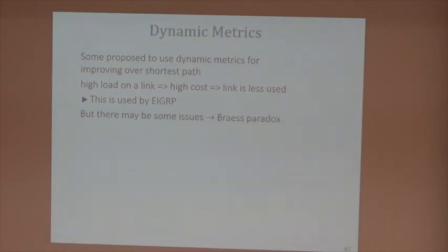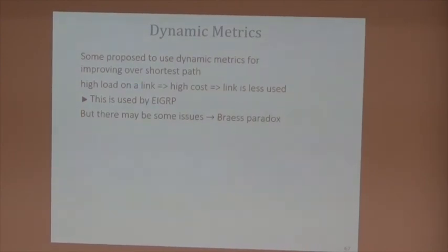But we can imagine, for example, in OSPF that we monitor the traffic utilization on every link. Assume, to simplify, all links are the same capacity, 1 gigabit per second. You can monitor how many packets per second are flowing on every link. And then you take some function of the utilization, so that the higher the utilization, the higher the cost.